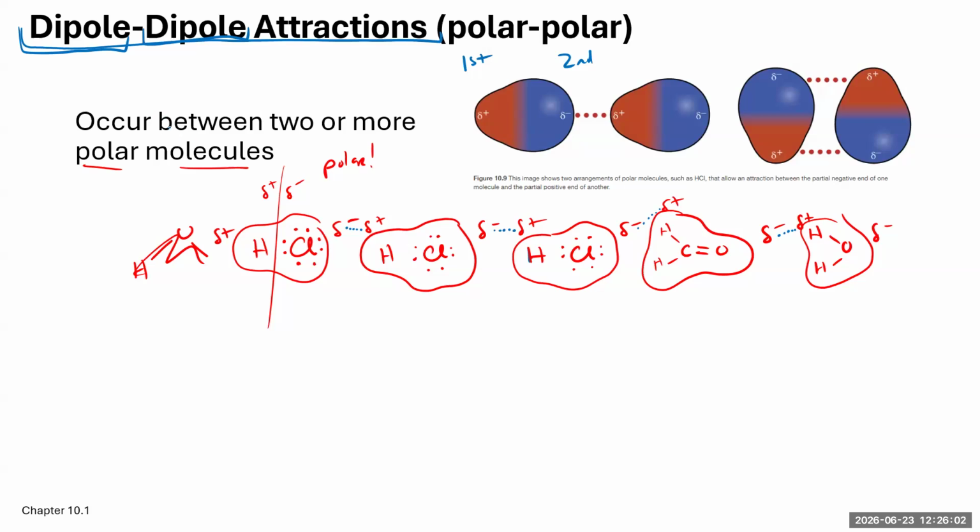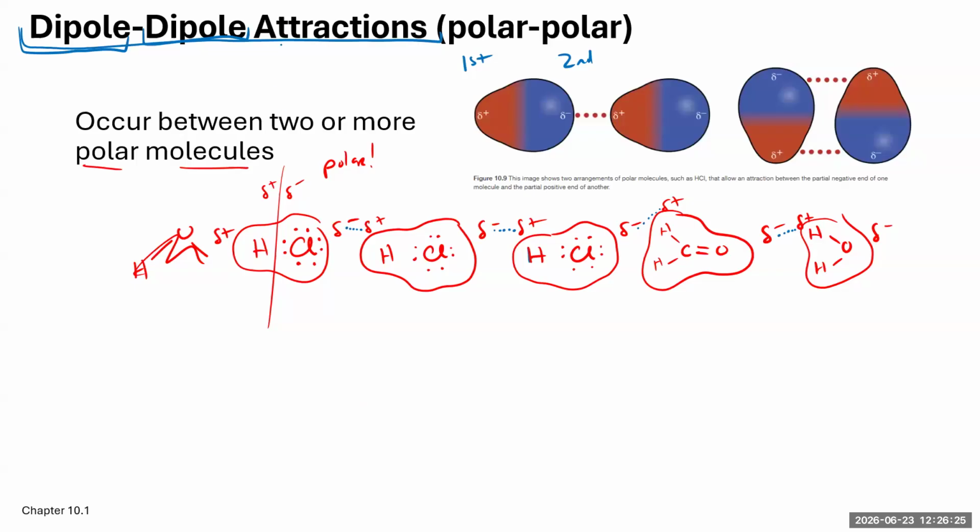So it occurs between two or more polar molecules. You can have a whole jar full of billions and billions of different molecules, all different, and they can all mix together well because those are all chaining from the positive side to negative side to positive side.